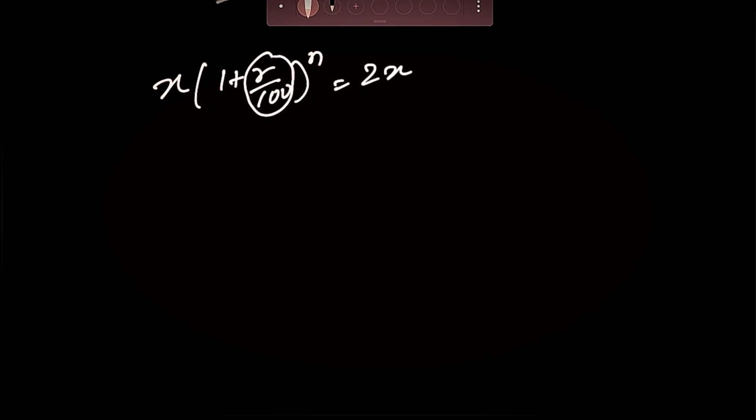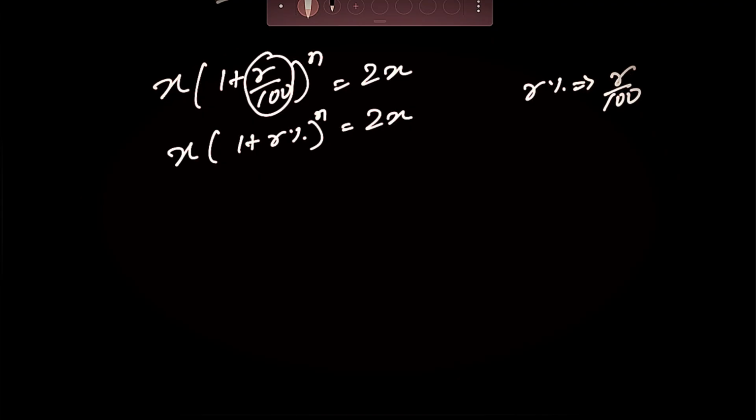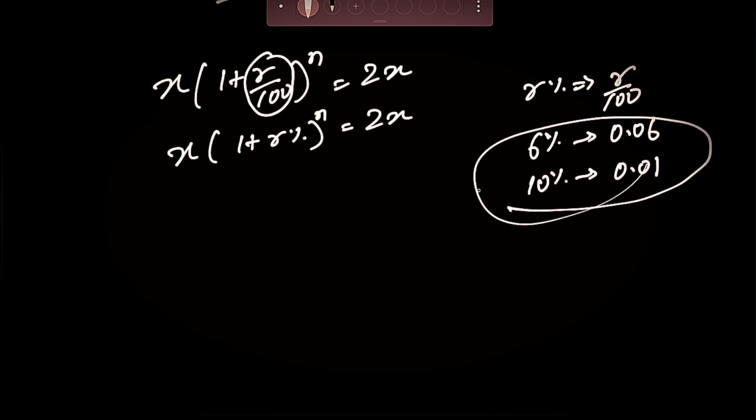Now if you notice, r by 100, we can directly write as r percent, to the power n equal to 2x. Well, what's r percent? In units it will convert to r by 100. If it's 6%, this becomes 0.06. If it's 10%, this becomes 0.1. Keeping this in mind, we'll proceed.